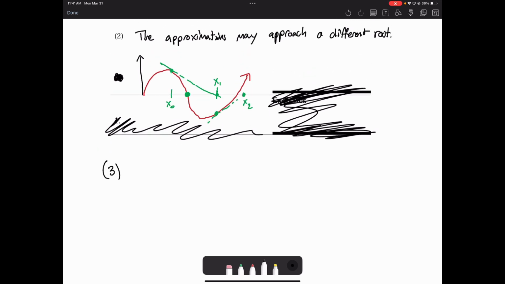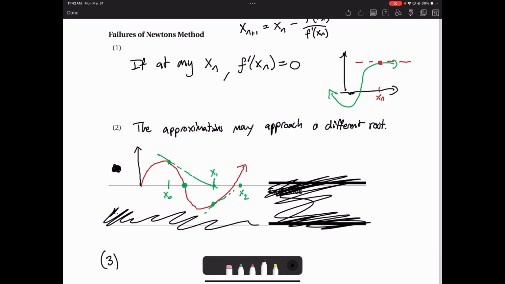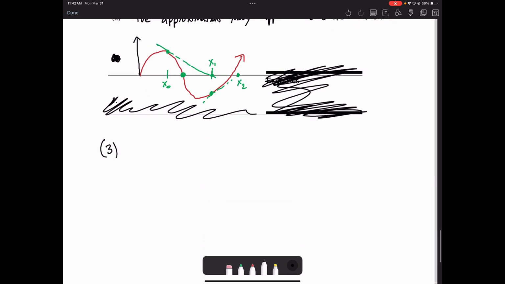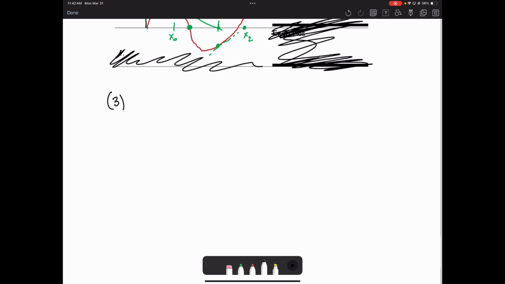Last. As we're going through this, think about what can maybe fix these issues, right? The last possibility of how this can go wrong is that the approximations could also just fail to approach anything.